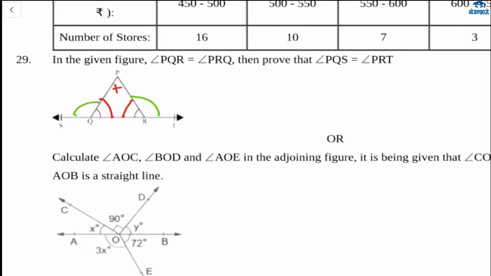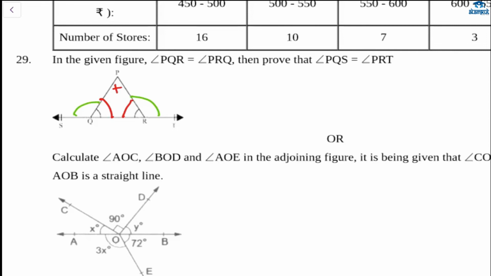Now this angle Q plus this P will be equal to this exterior angle of Q, this green one, because you'll have to mention it there. Why? Because the exterior angle is equal to the sum of two interior opposite angles.